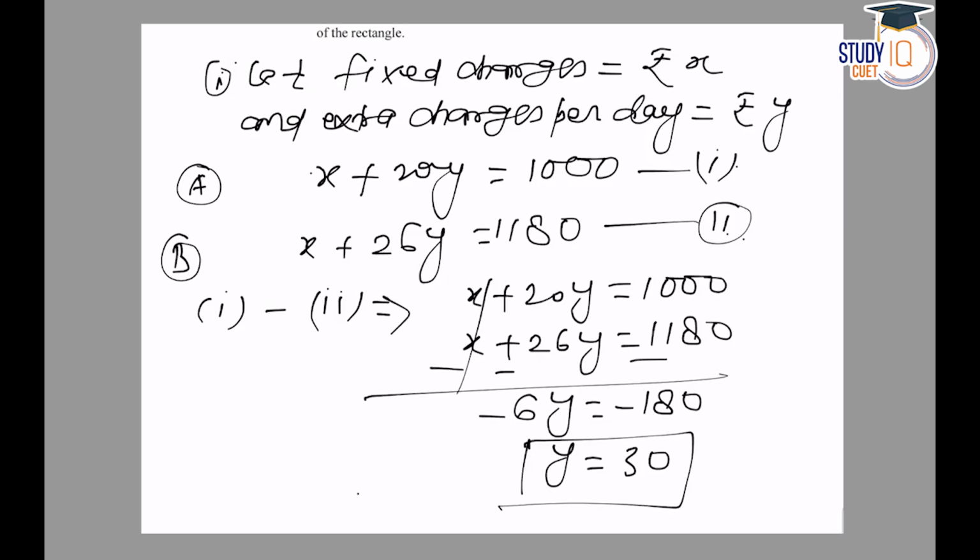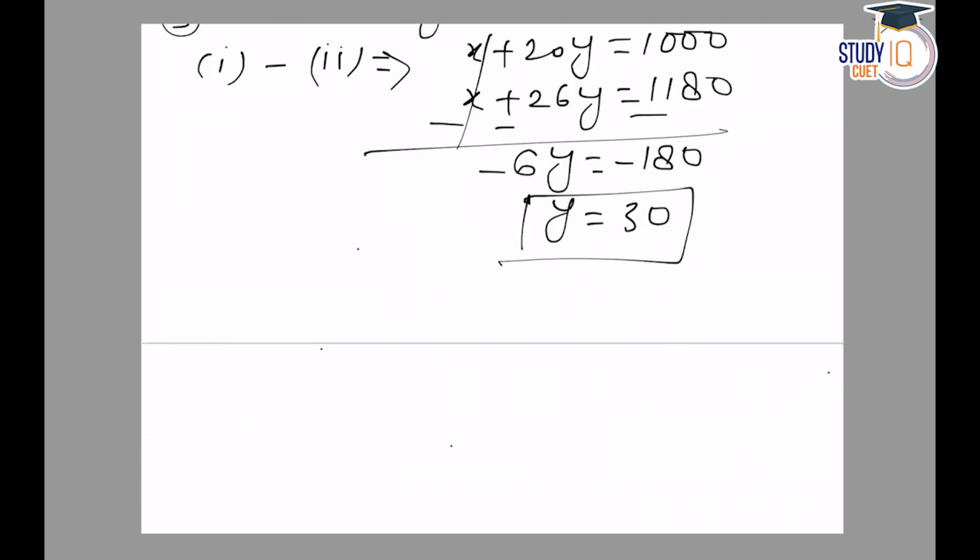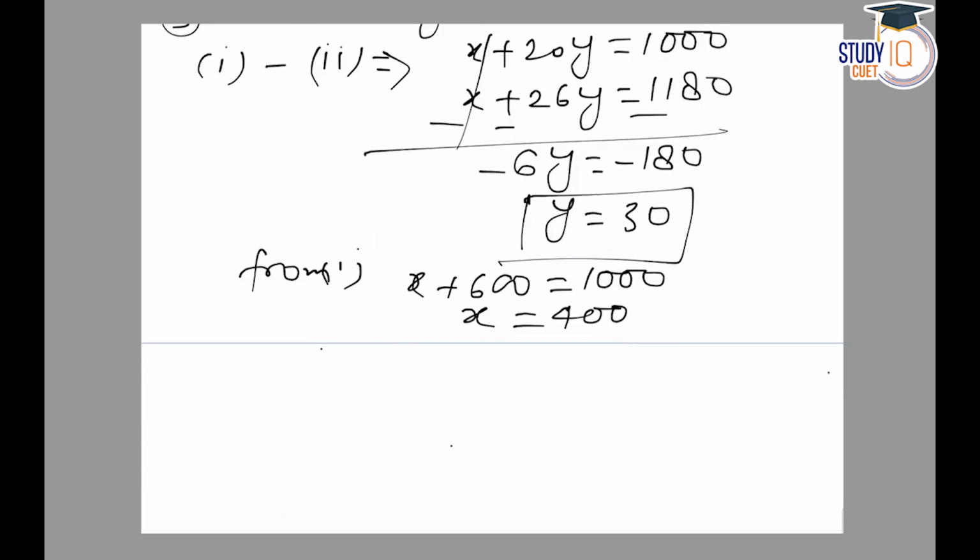Now put the value of Y in any one to find X. So from 1, X plus 20Y, that is plus 600, equals 1000. So X equals 1000 minus 600, that is 400.